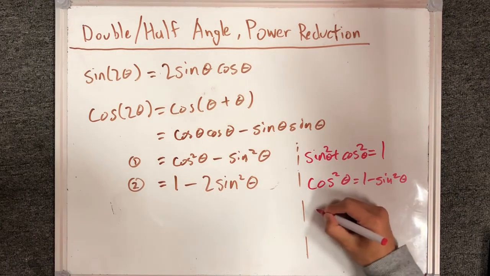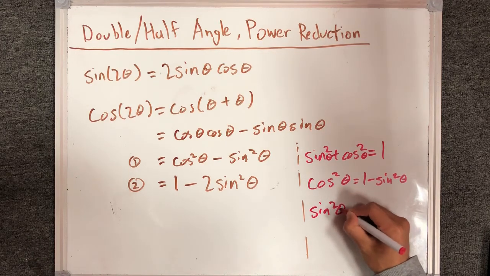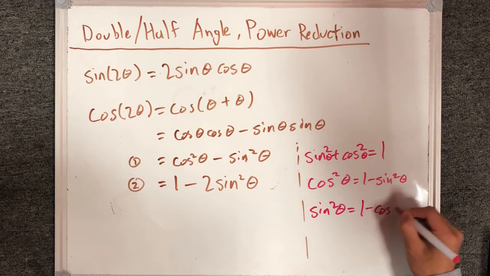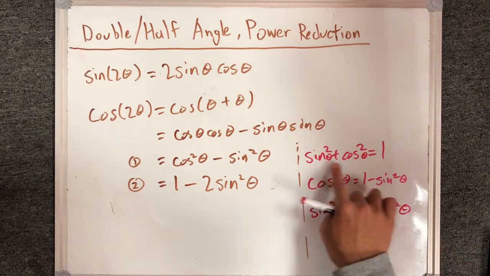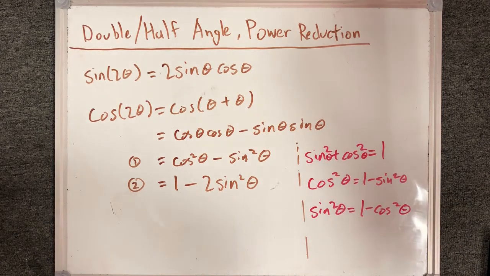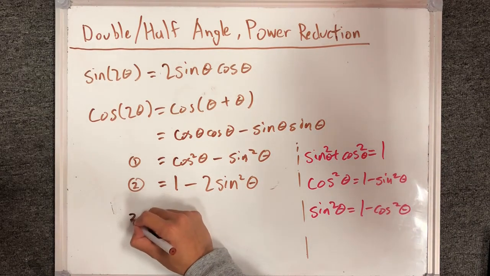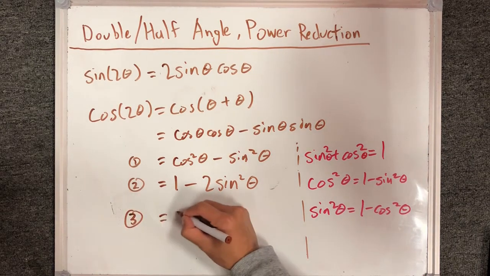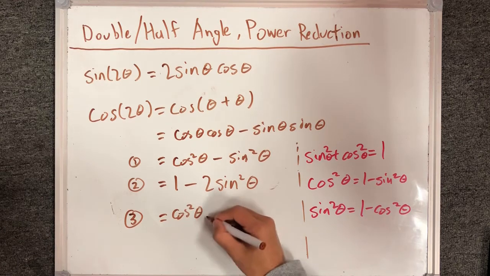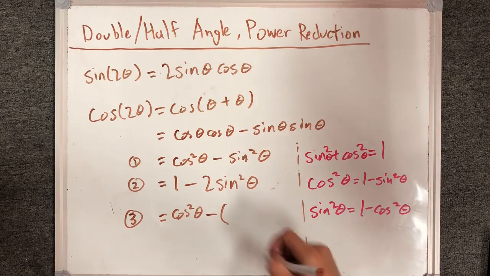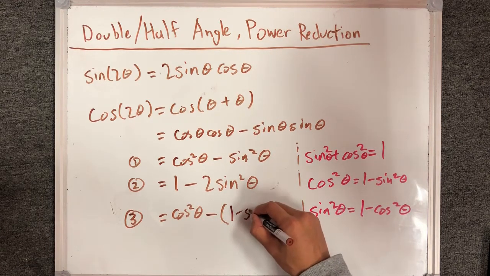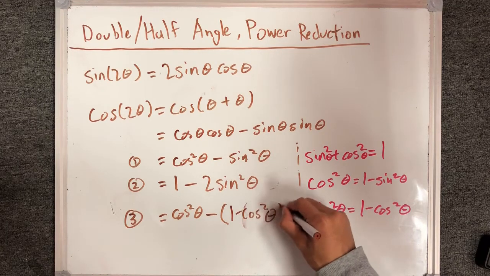Now over here, again, I can solve for sine squared theta. This is 1 minus cosine squared theta, subtracting cosine squared theta from both sides. I can take this result and plug it back into my first equation to get cosine squared theta minus this entire thing, 1 minus cosine squared theta.